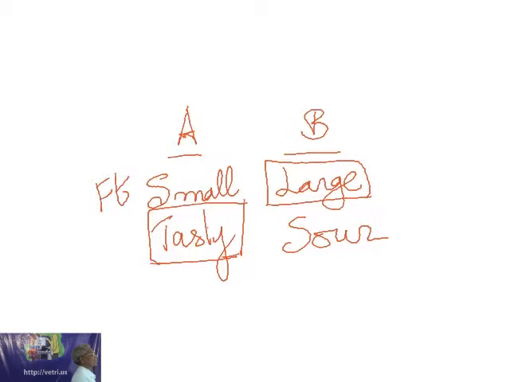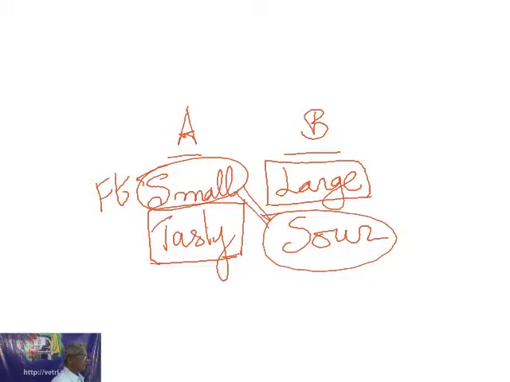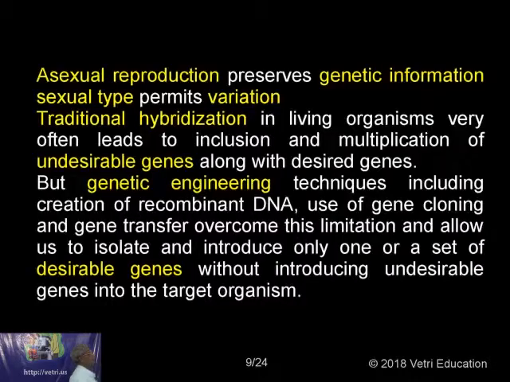But I should not forget that undesirable genes may also go together. There is a danger of me producing a crop which is small as well as sour. So undesirable genes are coming here. But in biotechnology, this problem is solved. That's what I want to make very clear here.